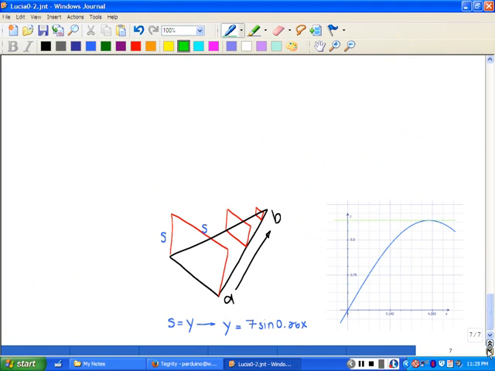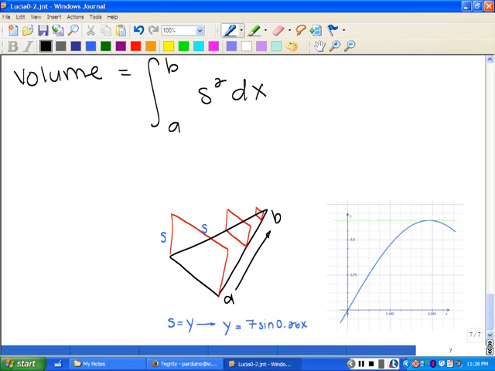So our last step in order to solve this problem is putting it all into the equation. In order to find volume, we need to use the equation as integration from A to B of s squared dx.